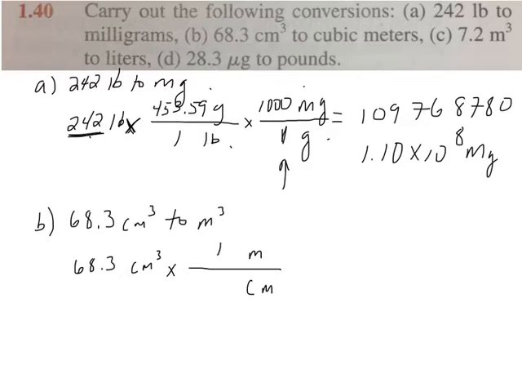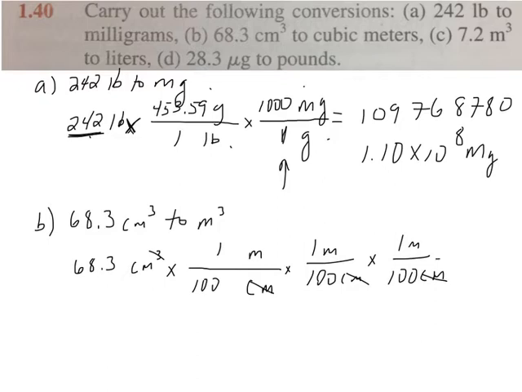So in 1 meter, there's 100 centimeters. Now, if I were to do the multiplication here, I'd get centimeters squared times meters. So if I just continuously write out 1 meter over 100 centimeters times 1 meter over 100 centimeters, all 3 of those centimeters cancel out, and I've got meters times meters times meters.